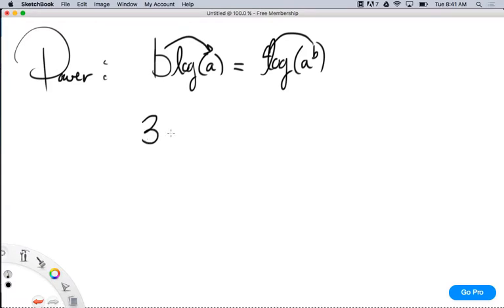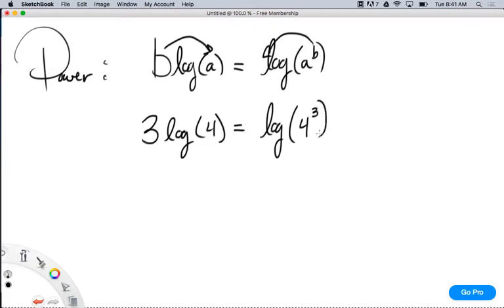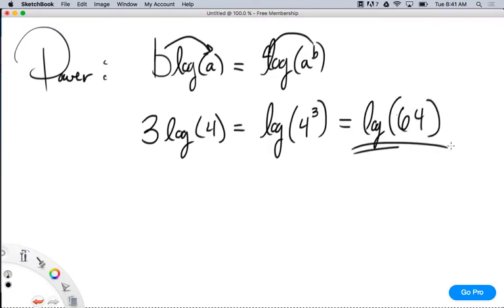So, for instance, I could have 3 log of 4, and I could rewrite that as log of 4 to the 3rd power, which equals, that will not be an option. You'll have to simplify. 4 times 4 is 16 times 4 is 64. This will be your answer.